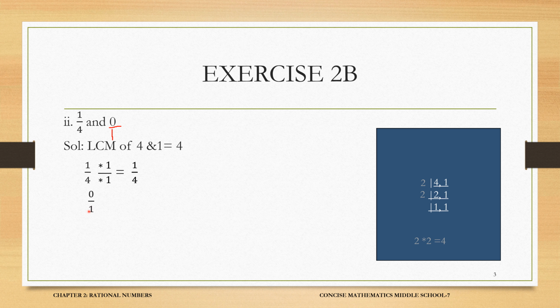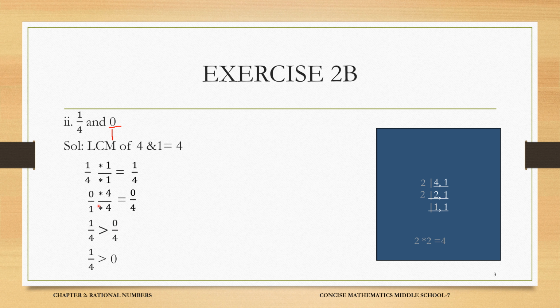So you have to multiply this 1 with 4 to make the denominator as 4. So it becomes 0 by 4, right? Now just compare 0 and 1, just the numerator part. When you compare 0 and 1, which number is smaller and which is greater? 1 is greater than 0, right? So 1 by 4 is greater than 0 by 4.